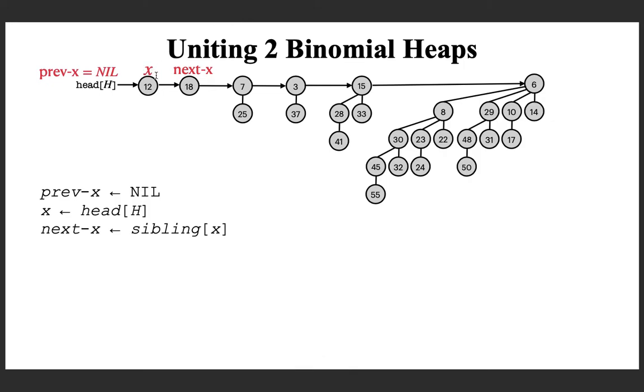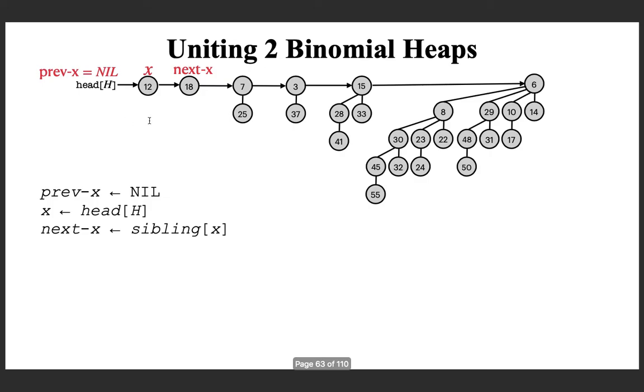X is the pointer pointing to the current node. To start with, the first node is the current node. Then 2 other pointers, one to the next binomial tree in the root list, called the next of x, and the other one to the previous. To start with, the previous is nothing, there is no previous binomial tree, and this is the setup that we have to have before we start traversing the list.